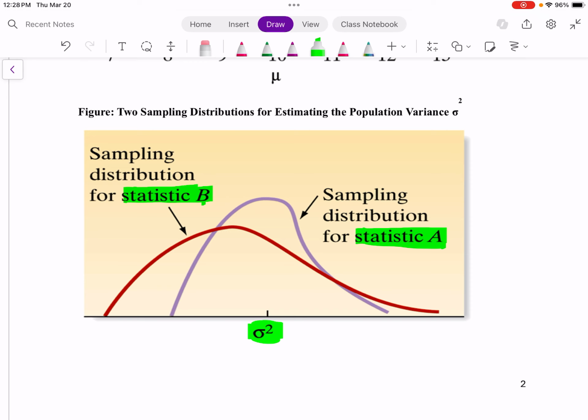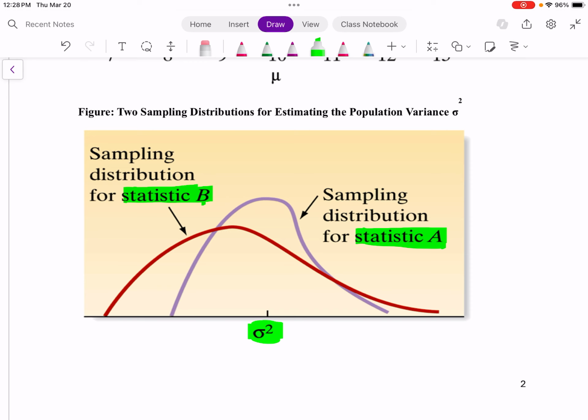So we have to look for two things. Okay, we always look for the sampling distribution that is centered over the parameter. Now out of A and B, which sampling distribution is more centered over parameter sigma square? A, right? Our purple curve is more centered toward our parameter.